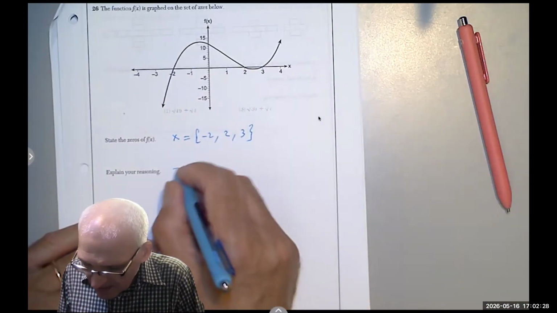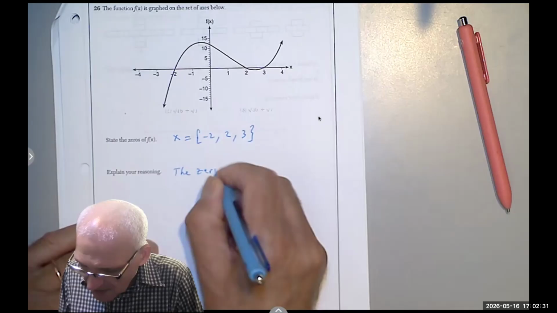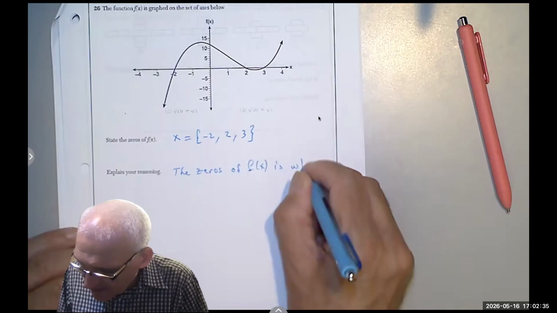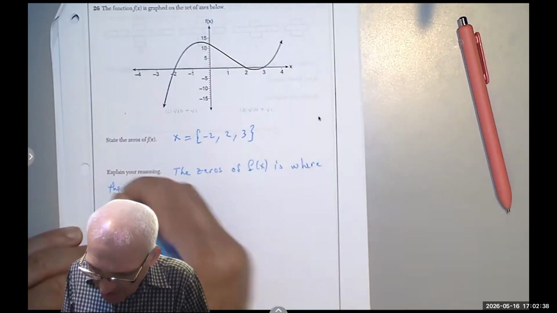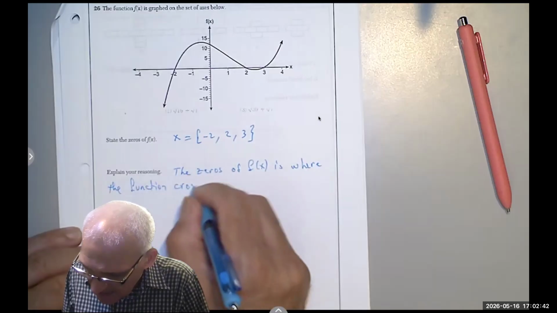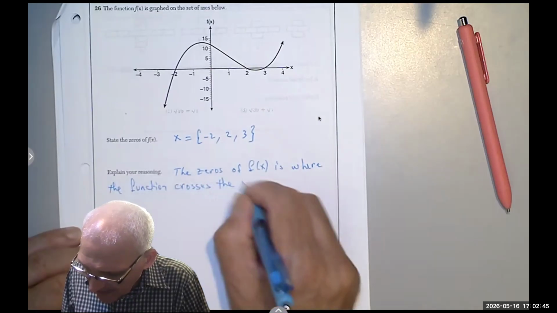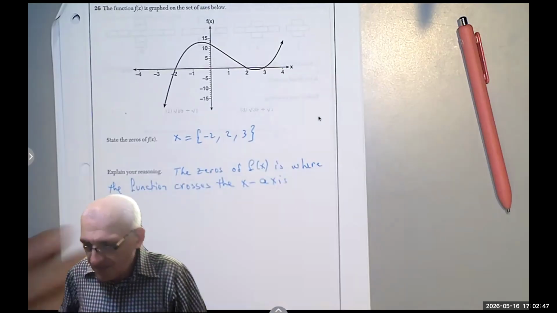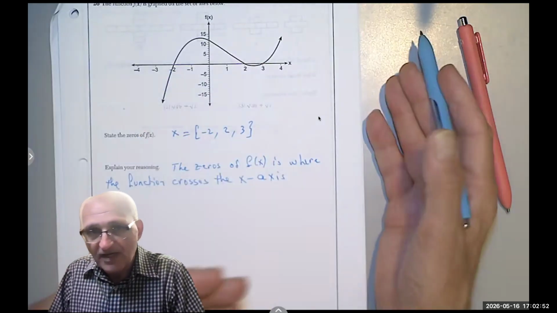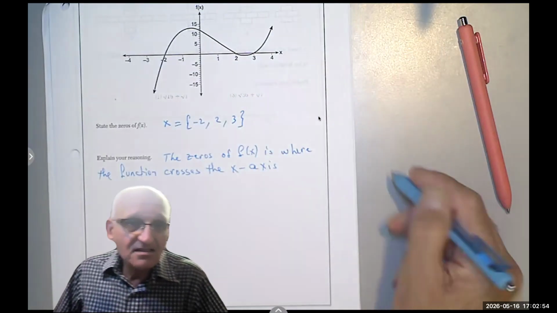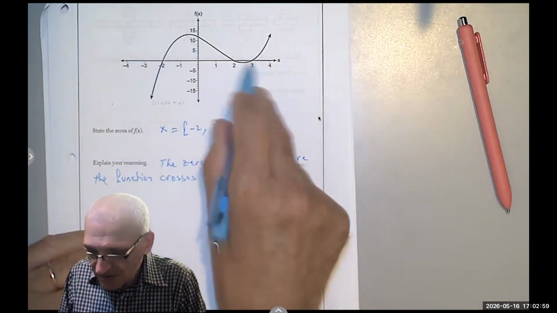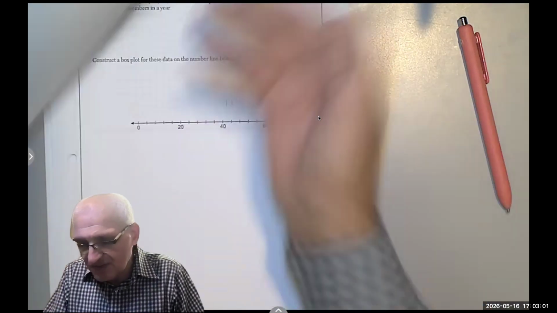Well, the zeros of f of x is where the function crosses the x-axis, right? And f of x equals 0. Or we can call it the solution of x, or we can call it the x-intercepts of the graph. So all of these are fine, and these are the 3 values that we have. So that's basically reading off the graph.